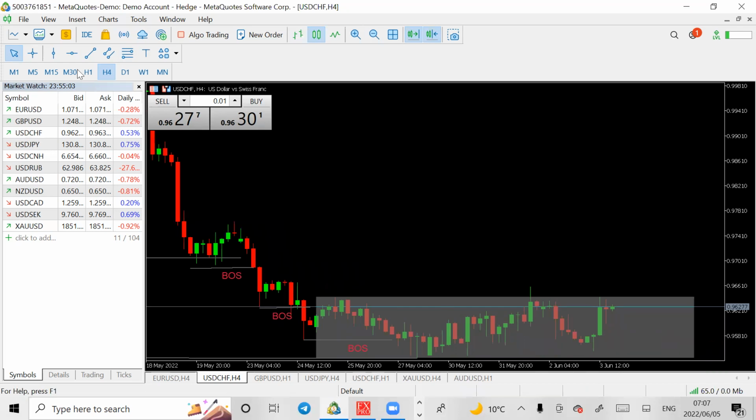On the resistance, it tested once, tested twice, then it's on a third retest. Third tap, exactly. I don't know if it's going to go through or if it's going to drop. But when you go to the support, it clicked once, and it clicked twice. It's like a double bottom, a W.